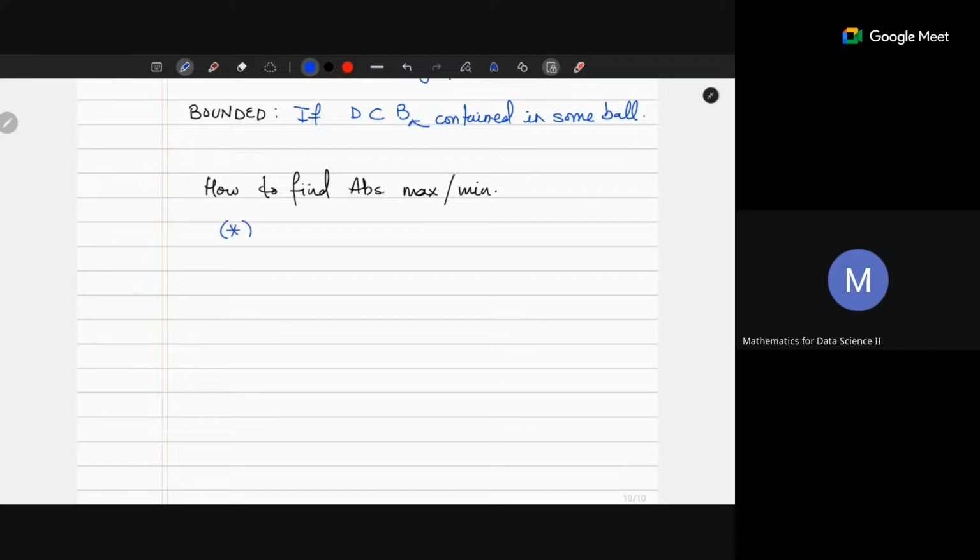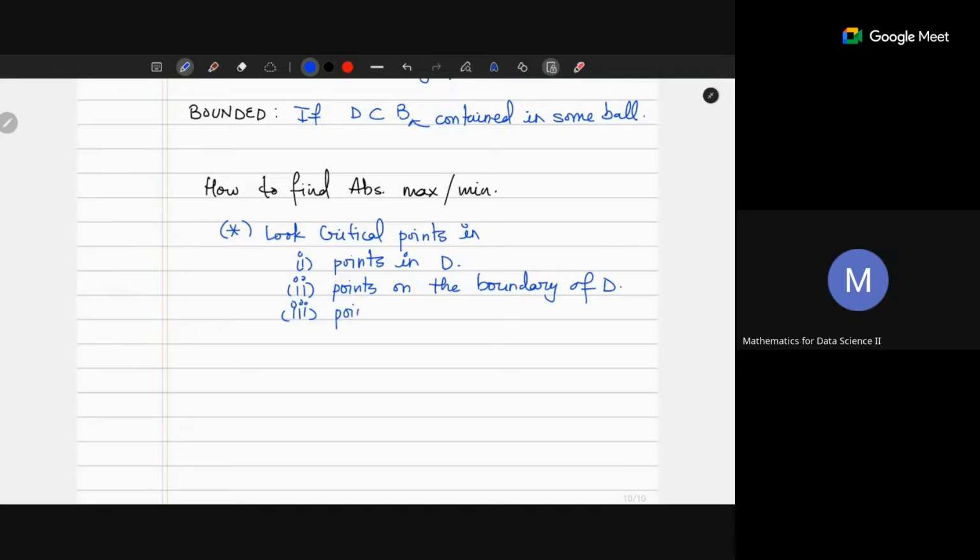For that, one needs to look at critical points in the interior, that is points in D, second, points on the boundary, and third, points on the boundary of the boundary.